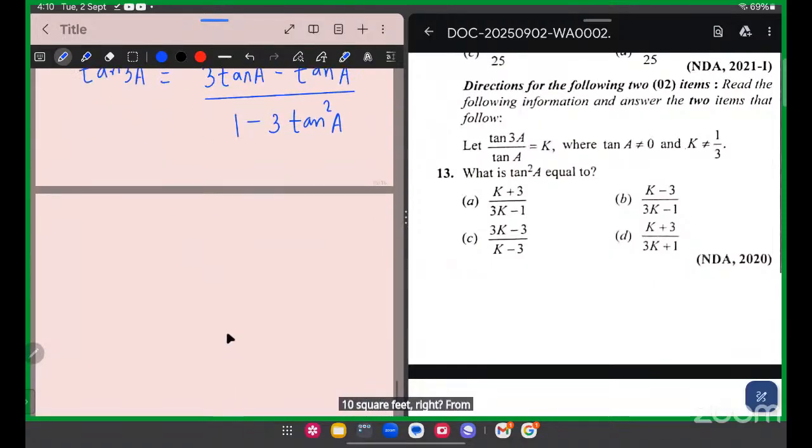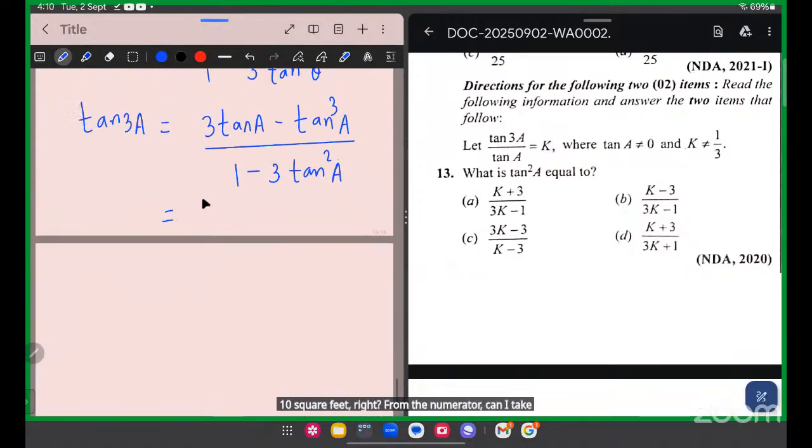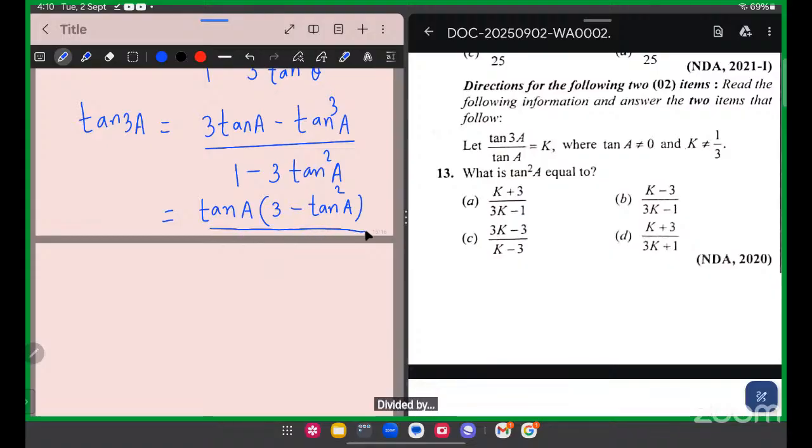From the numerator, can I take tan a common? So if you take tan a common, it will be 3 minus tan square a divided by 1 minus 3 tan square a, right? This is nothing but tan 3a.